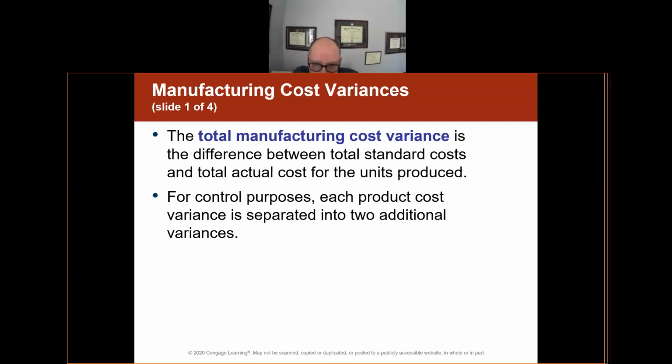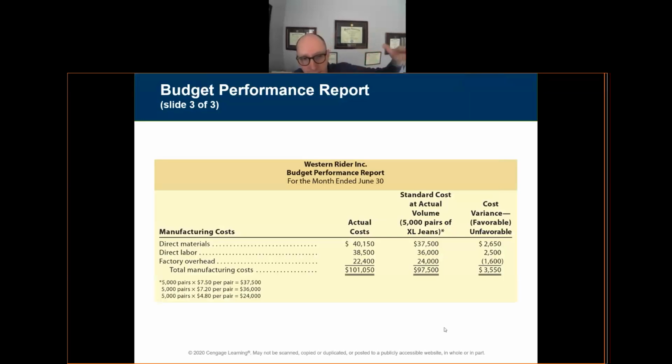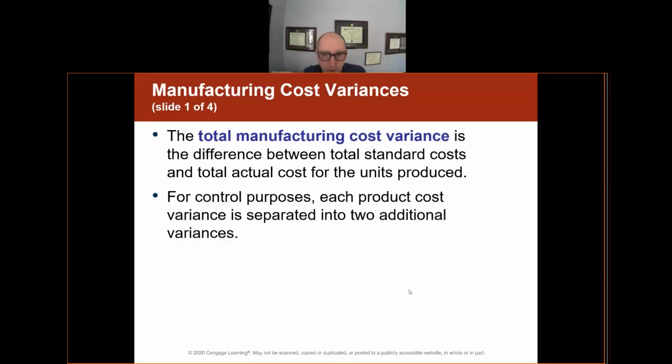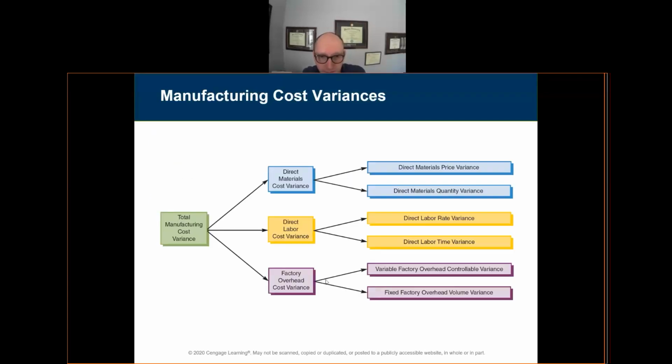But for control purposes, each product cost variance is separated into two additional variances. What we just learned is at the middle layer. Now we're going to dig a little deeper and break this down even further into two additional variances.